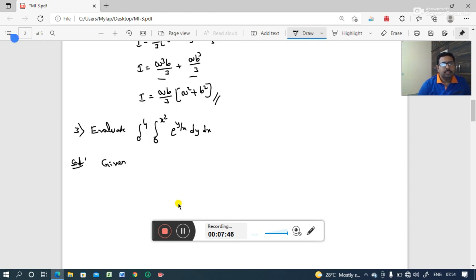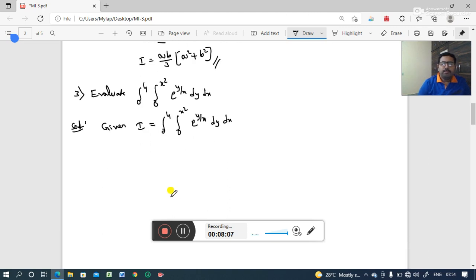Given integral, you take it as I is equals to integral 0 to 4, second integral from 0 to x square, e power y by x into dy into dx. Now if you compare this problem with the previous problem, what are the differences?